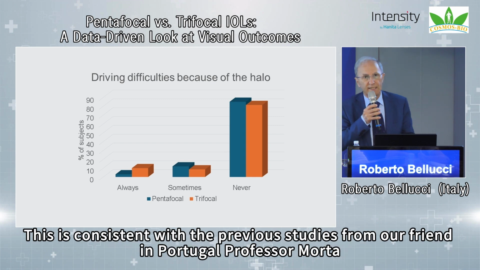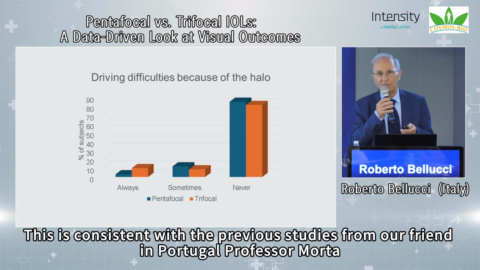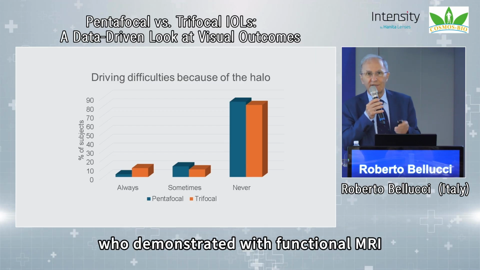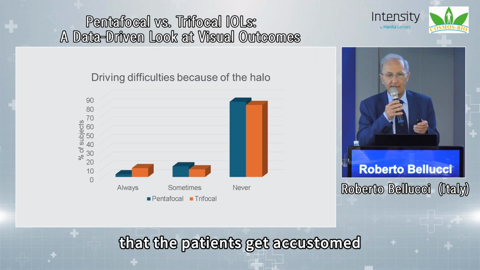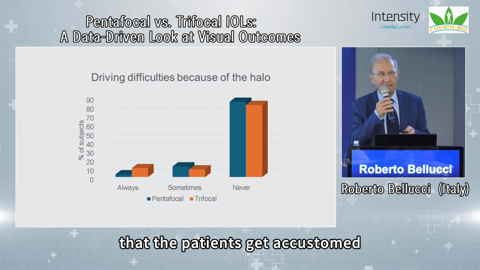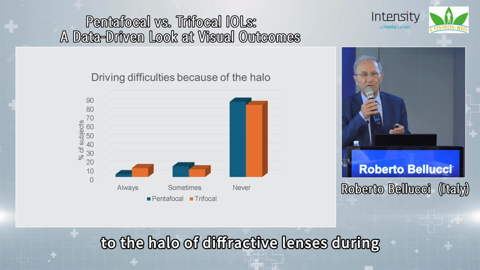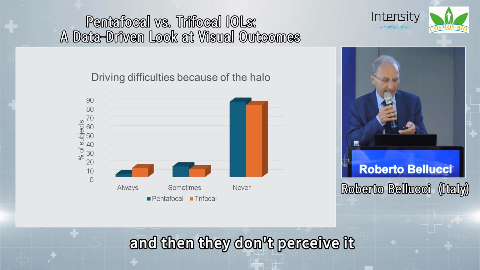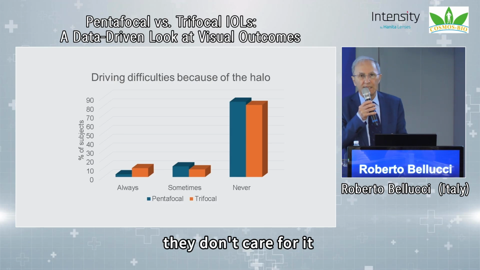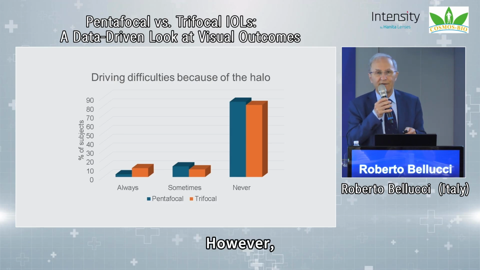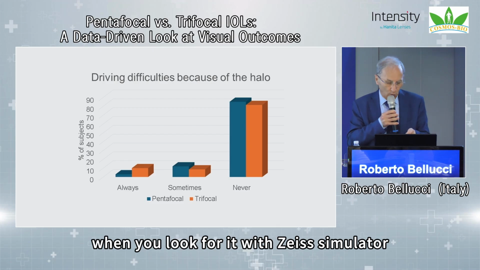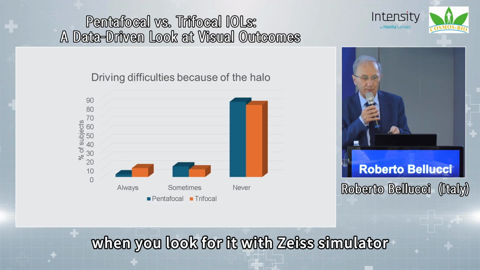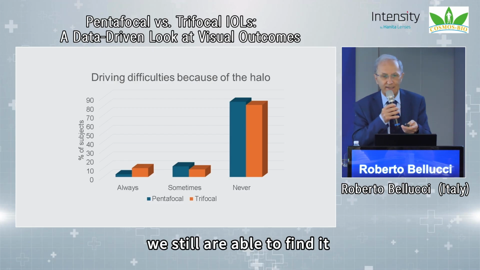This is consistent with the previous studies from our friend in Portugal, Professor Murta, who demonstrated with functional MRI that the patients get accustomed to the halo of diffractive lenses during the first months, and then they don't perceive it, they don't care for it. However, when you look for it with the Zeiss simulator, we still are able to find it.